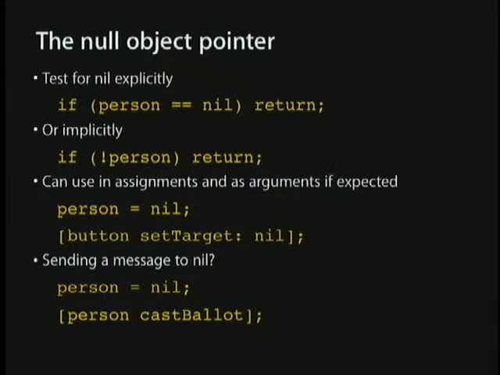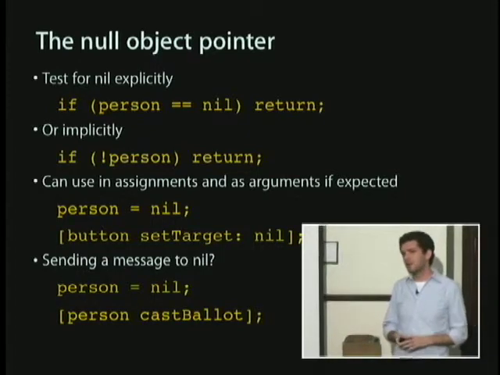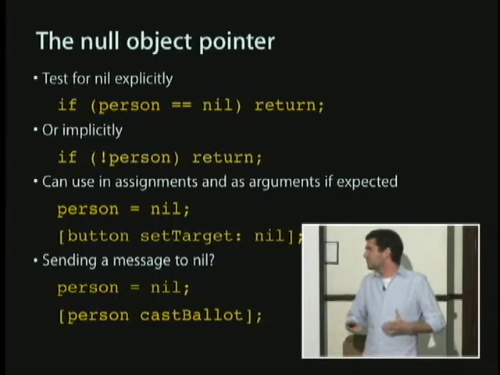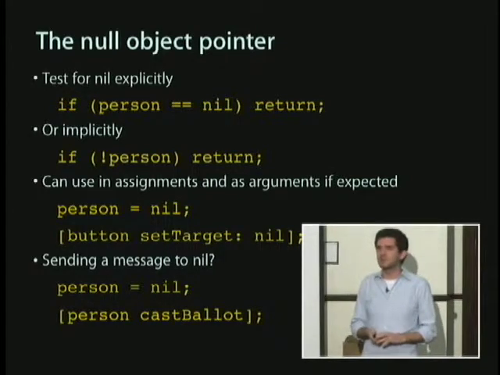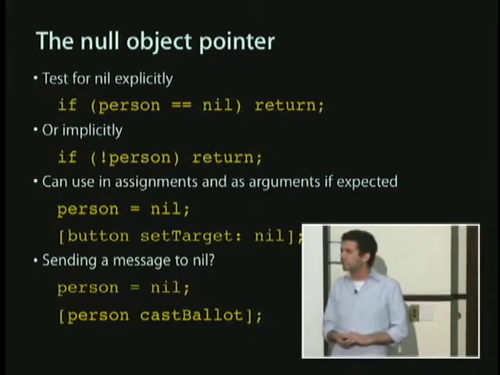It'll do Boolean logic on it, and it'll just basically validate whether it's 0 or not. You can use it in assignments as an argument. Many places will accept nil as a valid argument. It kind of depends on the particular message that you're sending, and obviously for your own methods you can decide whether or not nil is a valid argument to your method.